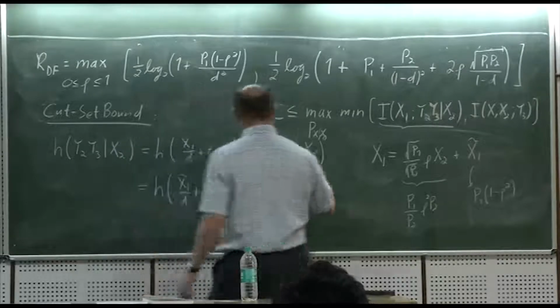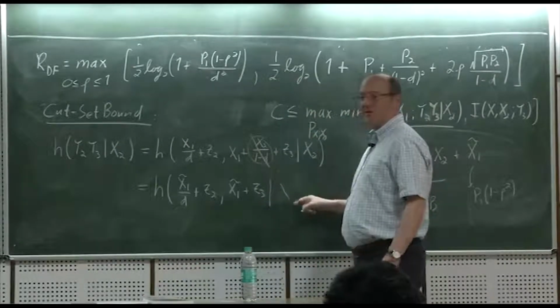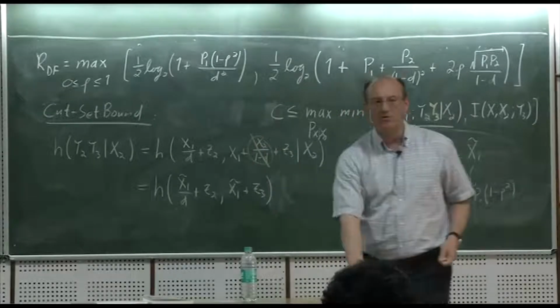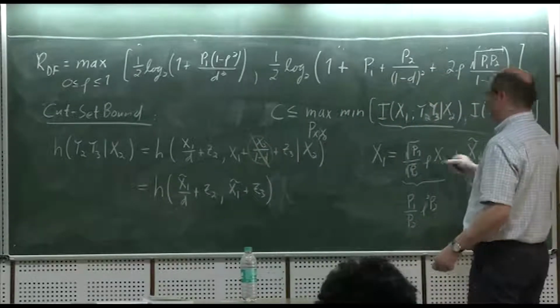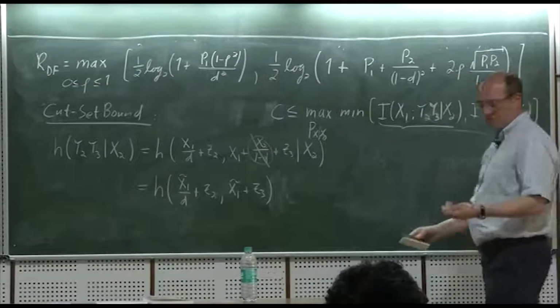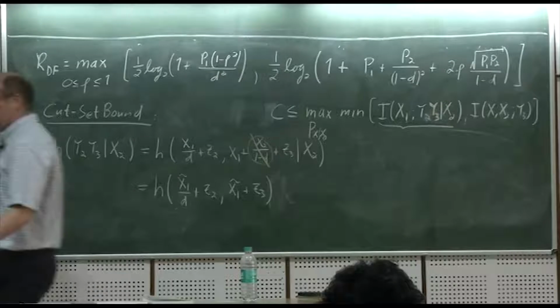Given x2, but x1 tilde is independent of x2, so I just get this. And that's nice. That one's much easier to do, where the power of x1 tilde is p1 1 minus rho squared. Okay, so that's a way of just making things a little easier than going through big matrices.